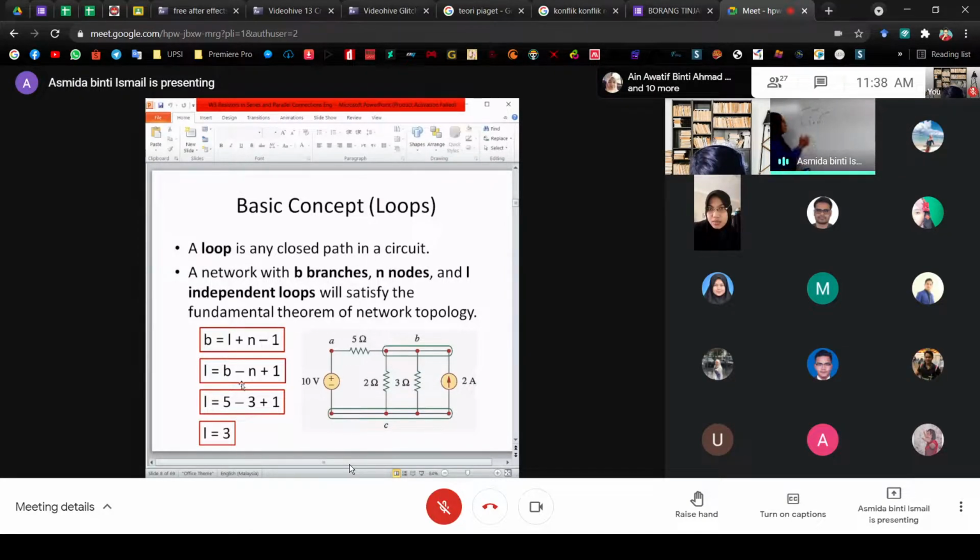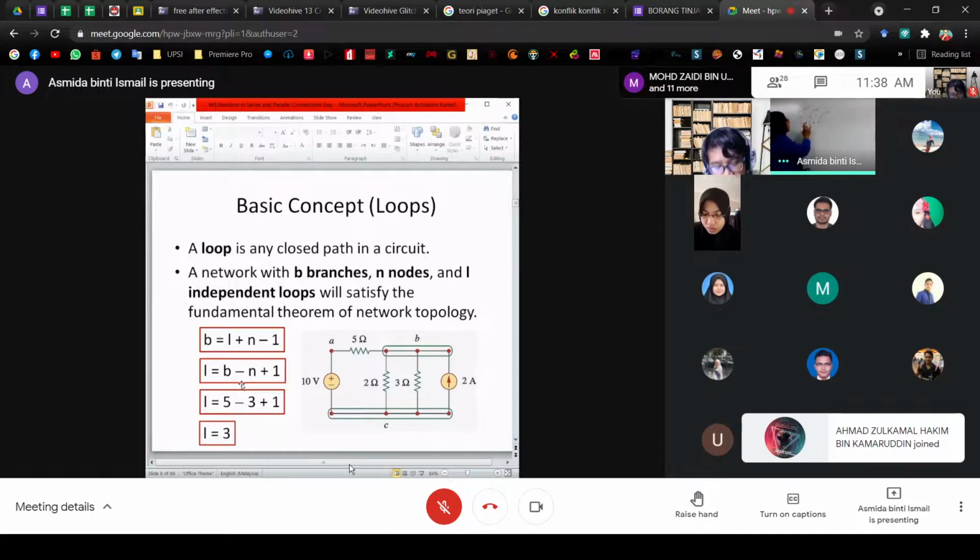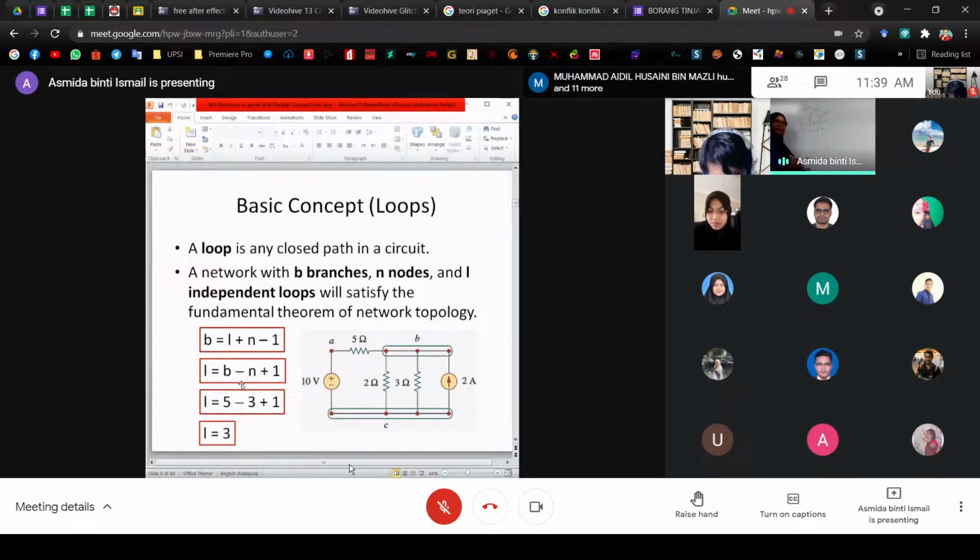So you want to find this value. You want to find I value. So I is equal to B minus N plus 1, right?